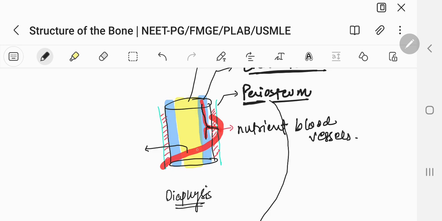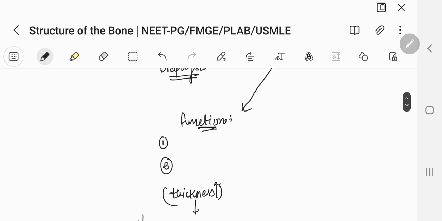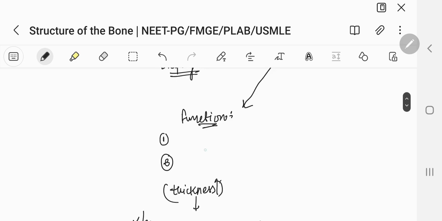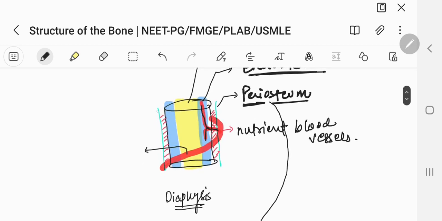Okay, now let's look at the function of periosteum first. What are the functions of periosteum? The first one is that it provides nutrition to the bone. And the second one is that it helps in growth of the bone. How does it help in growth of the bone? You can see periosteum is around the bone, right?